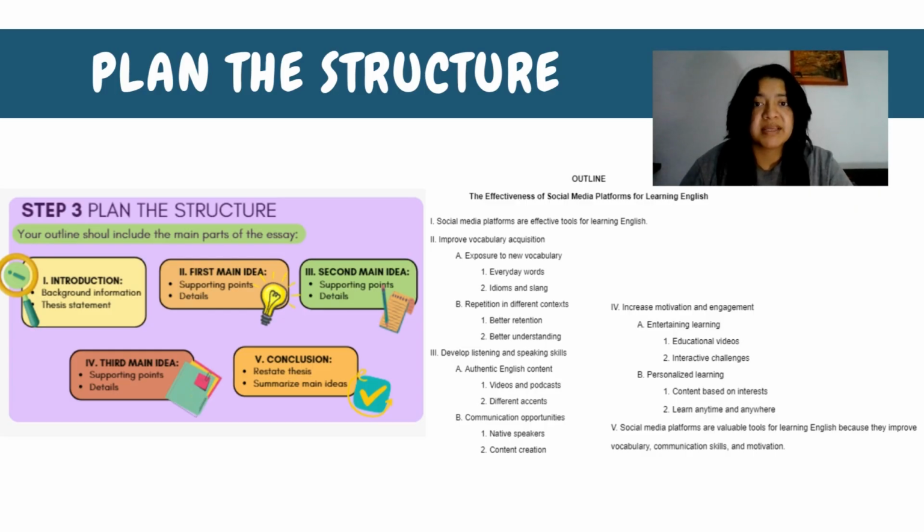Under each main idea, we added supporting points and specific details instead of complete sentences. Finally, we finish with a conclusion that restates the thesis and summarizes the main ideas. By planning the structure first, we created a clear guide that will make writing the essay much easier.